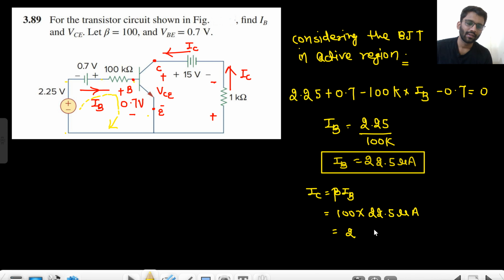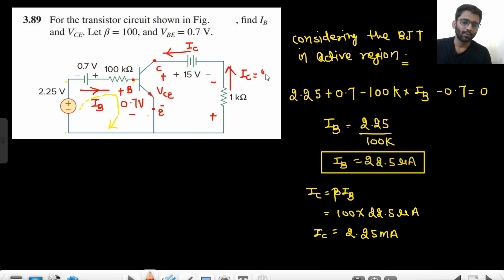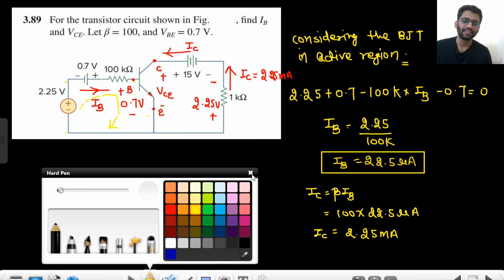That means it will be 2.25 milliampere, right? So this is the value of IC. The value of current here is 2.25 milliampere. So what will be the drop? The drop in this direction would be 2.25 milliampere into 1 kilo ohm, so 2.25 volt drop. So what will be the value of VCE?